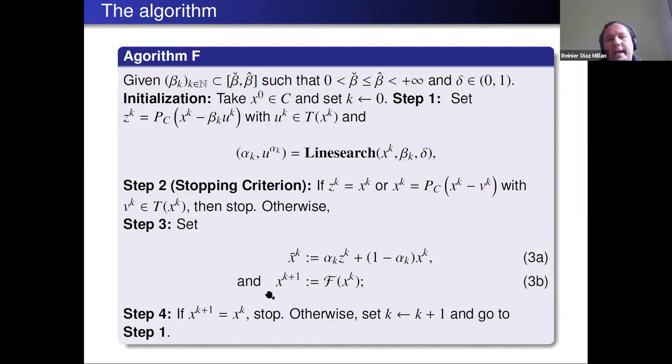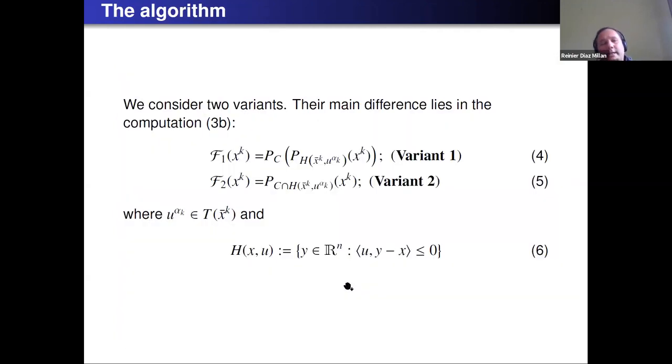And we define the next iterate as capital F, or graphical F, on xk. What is this F k? In the next slide we will see it. There are two different ways to compute these iterates, okay? Again, if sk plus 1 is equal to sk, we are in the solution set, and we will see later on why, okay? Now, how to compute that F?